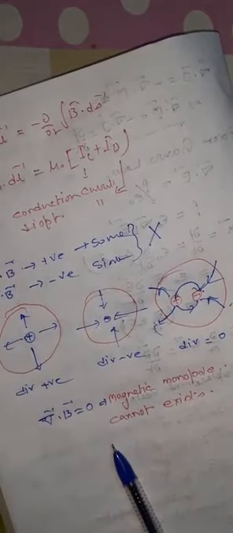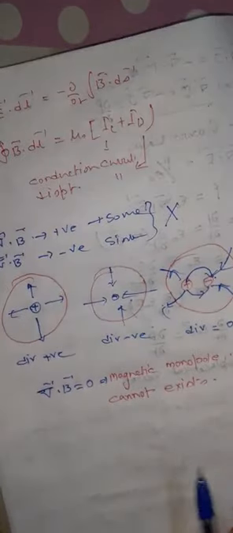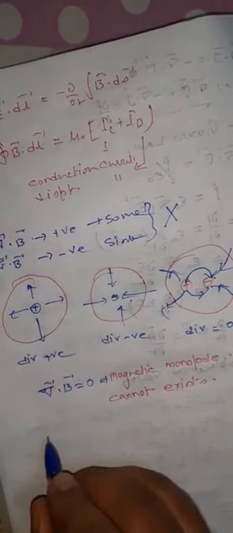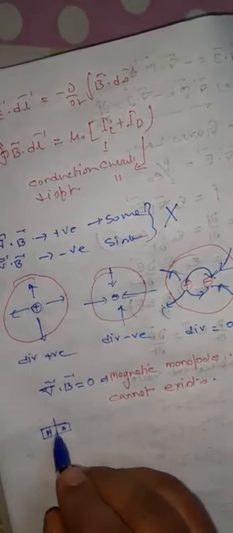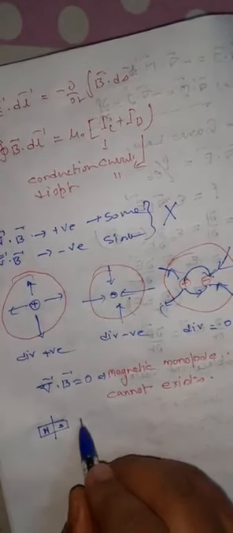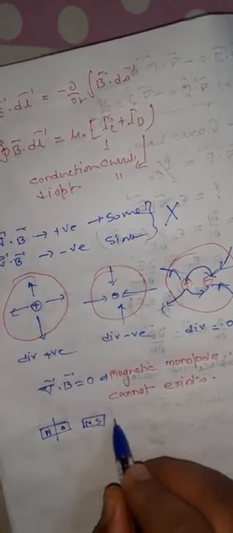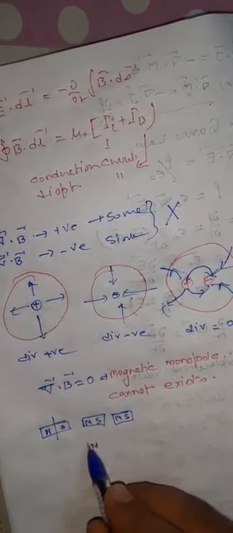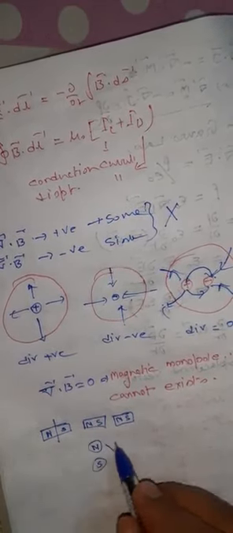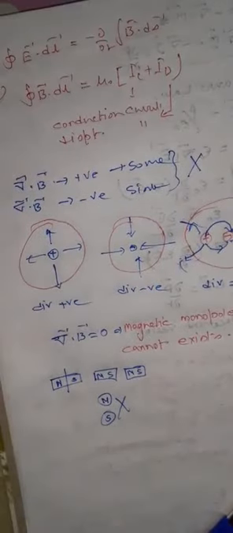If you break a magnet with north and south, you will get north and south and another north and south. You will not get a single north pole or a single south pole. So magnetic monopole cannot exist. This is the second physical significance of the second law.